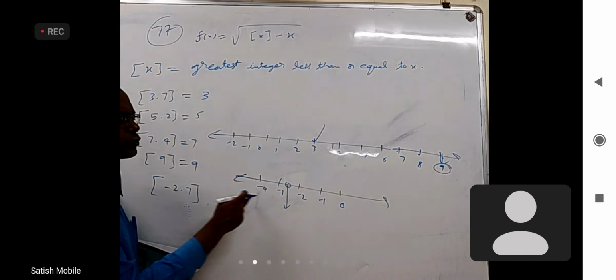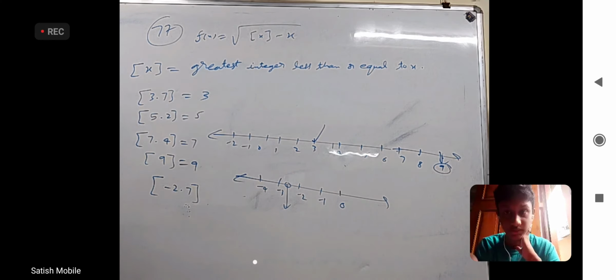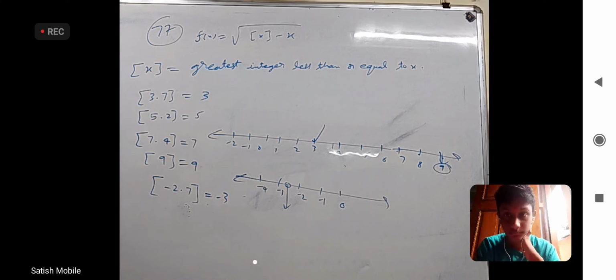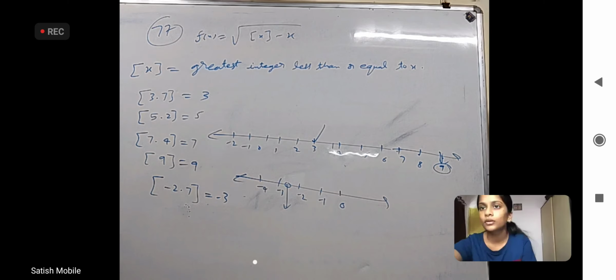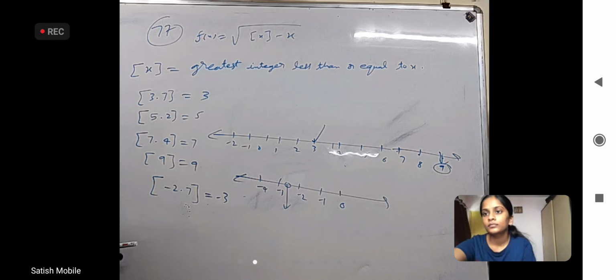Less than minus 2.7, lot of integers are there. Among them, what is the greatest integer? It is not minus 2, it is minus 3. Anybody any disturbance in my voice or audio or in the video? Okay. So, integer part of minus 2.7 is not minus 2, it is minus 3.